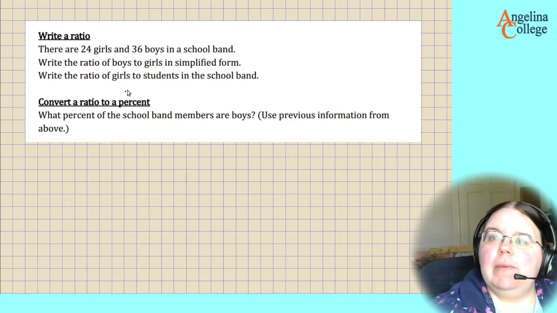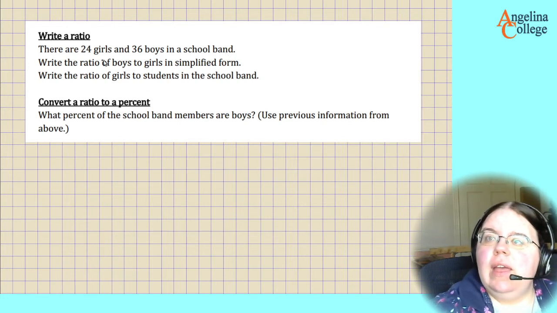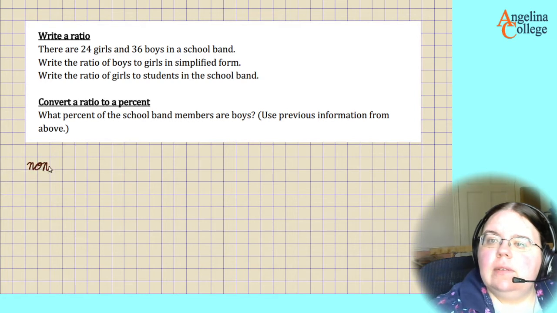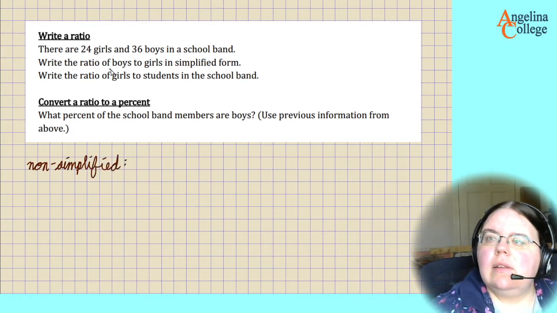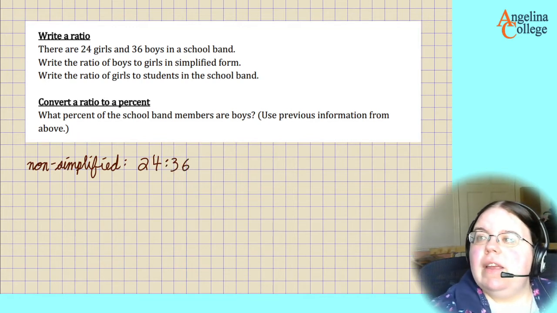So first it would be helpful to write the ratio in non-simplified form. So that would be 24 girls to 36 boys. Now, what do we mean when we say a simplified ratio?